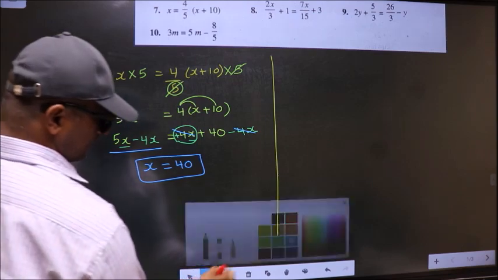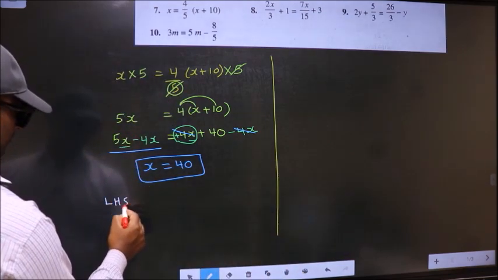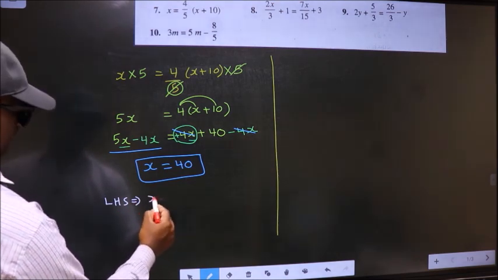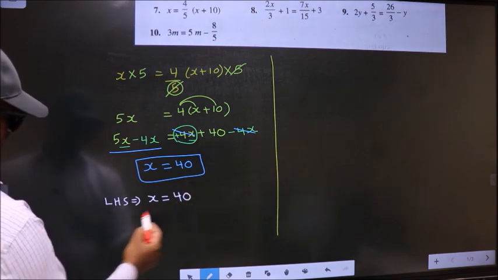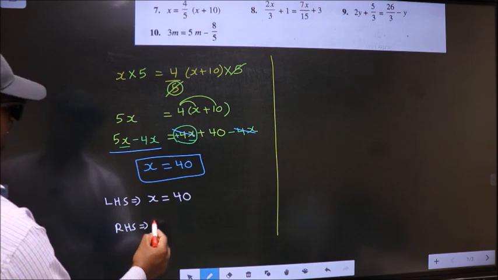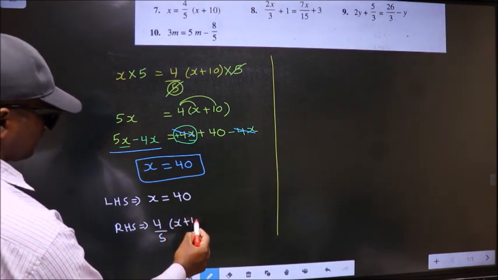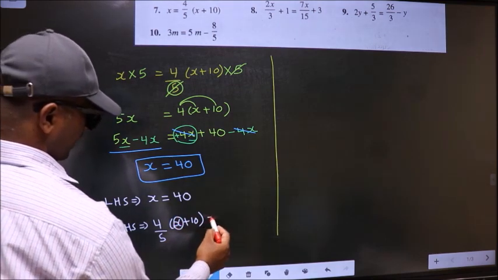Now to check, take LHS. LHS is x. In place of x you write 40, that's it. Now RHS. RHS is 4 by 5 of (x plus 10). In place of x, now you write 40.